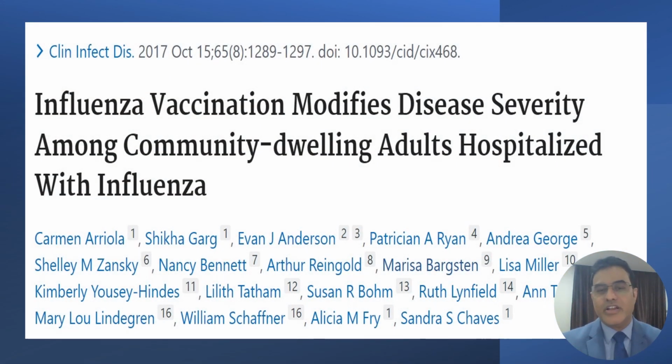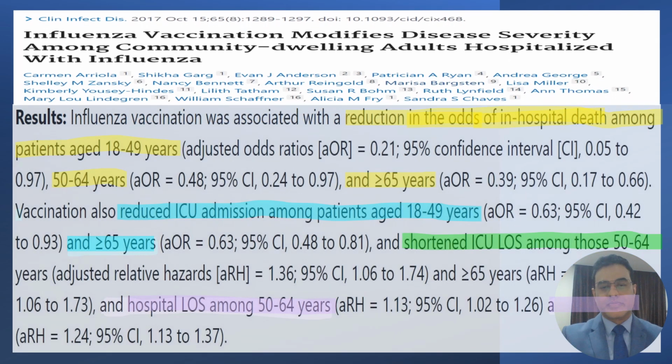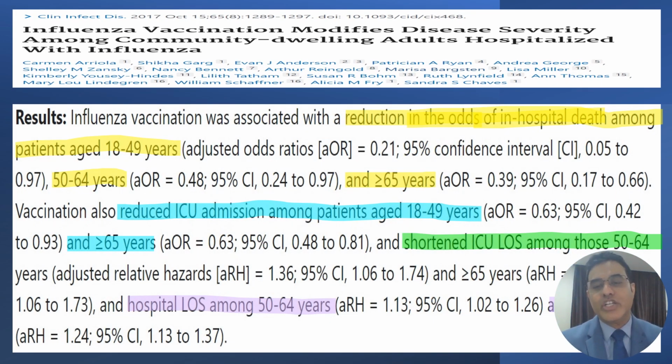Compared to all other adult vaccinations, influenza vaccination is well studied. This article, published in 2017, has shown a significant reduction in the odds of in-hospital death among all age groups: 18 to 50 years, 50 to 64, and more than 64.